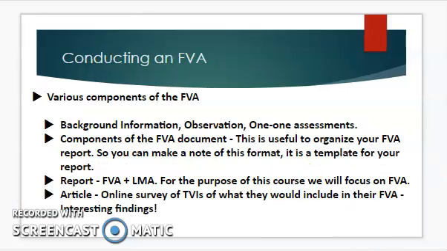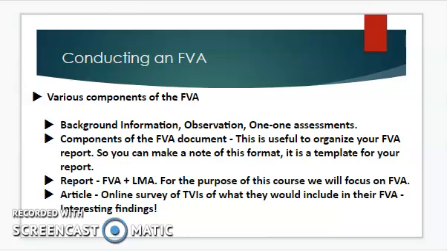So conducting an FVA, we all know why it is important for TVIs to do an FVA. What is the need? So we know the why. Now we're going to learn how we're going to do that. There are various components of the FVA, as we talked about last week.